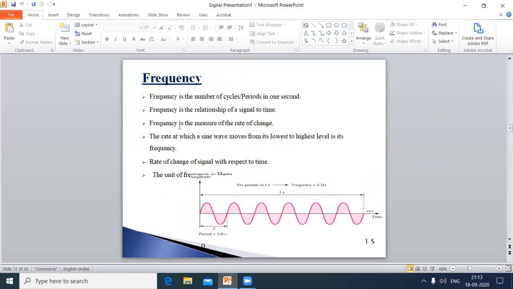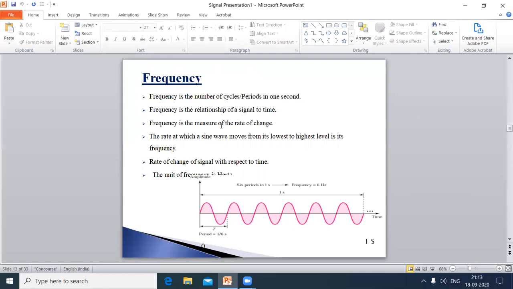Next one, frequency. Frequency is the number of cycles or periods in 1 second. Frequency is the relationship of a signal to time.